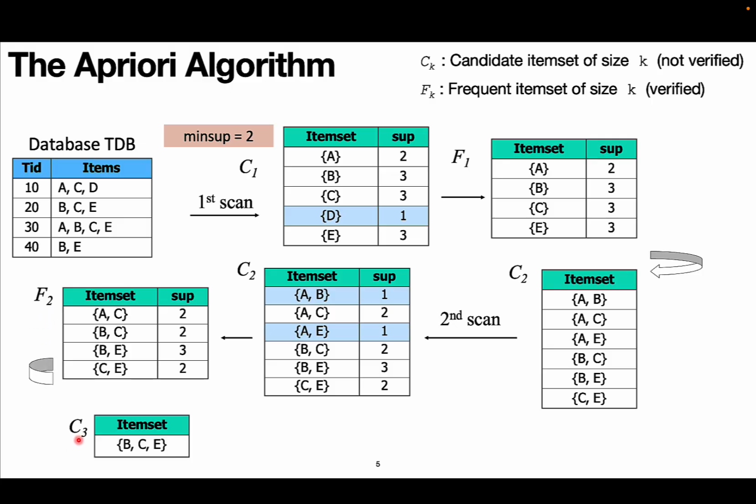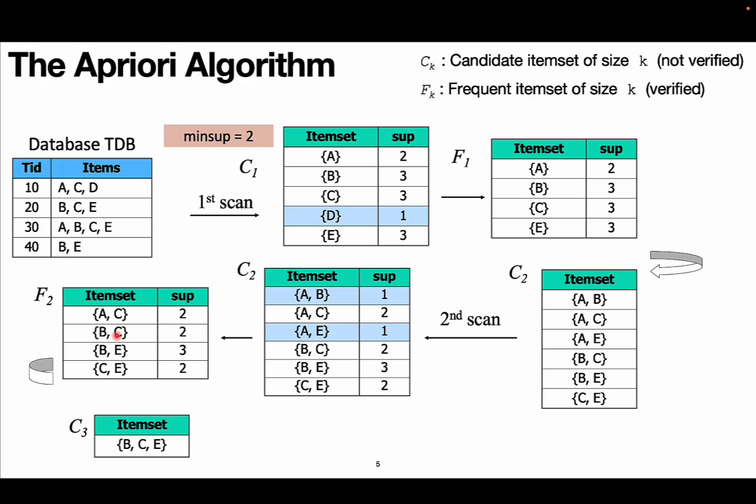To generate candidate item sets of size 3, now the algorithm has more opportunities to be more aggressive in the pruning process because the downward closure property can be directly applied here. Let's say in a very informal way that when the algorithm generates the next candidate of size 3, it will consider the item sets that share a prefix like BC, BE, and it will not consider item sets that share a suffix like AC, BC.